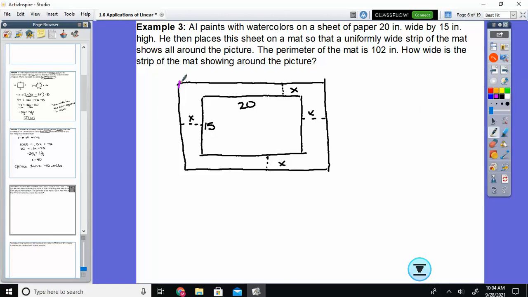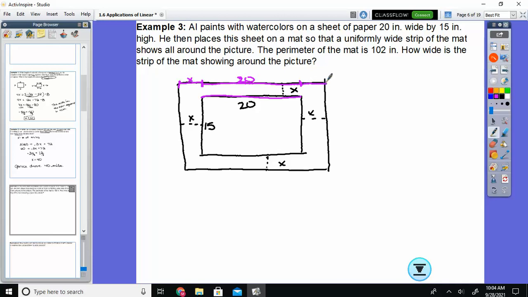So let's think about it. From here to here is a distance of how far? Then from here to here is how far? That's just 20.